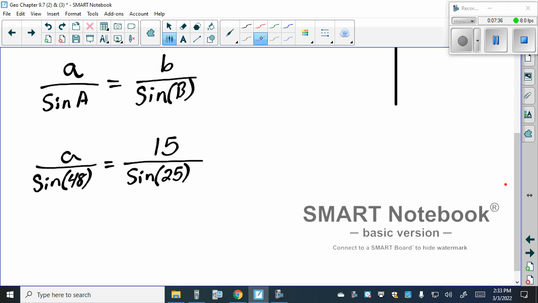Now to solve, we need to get A by itself. And to do that, we're going to multiply both sides by sine of 48.